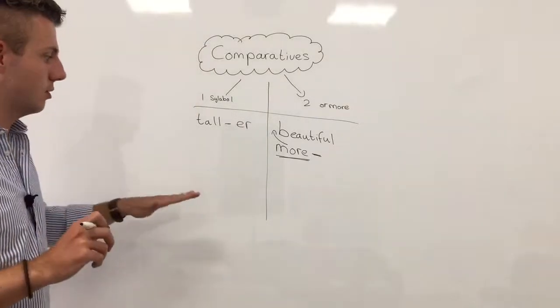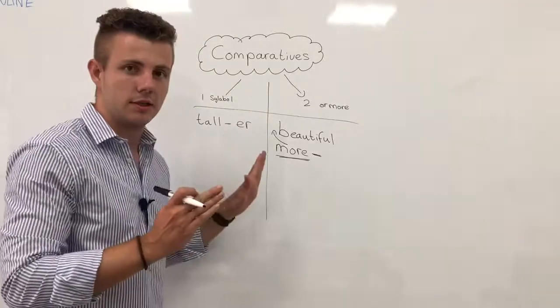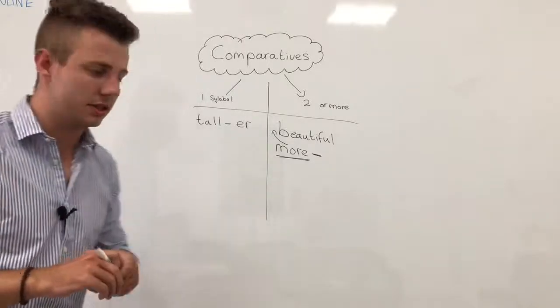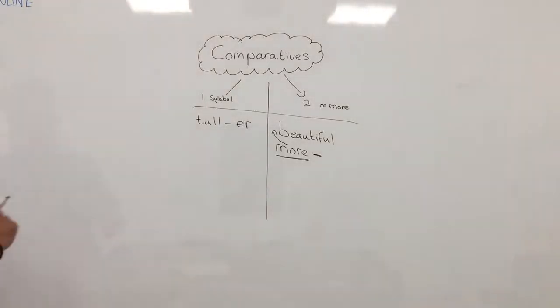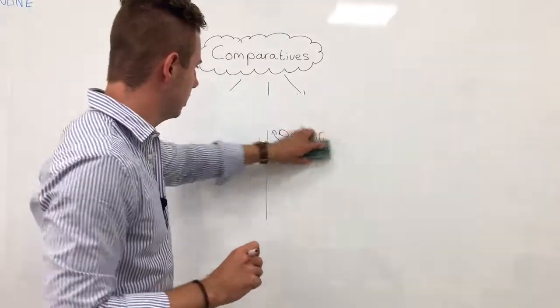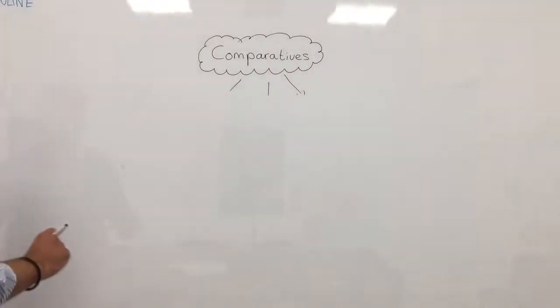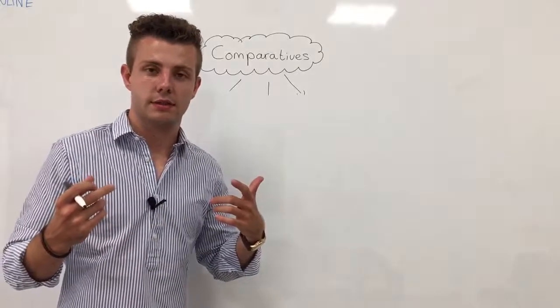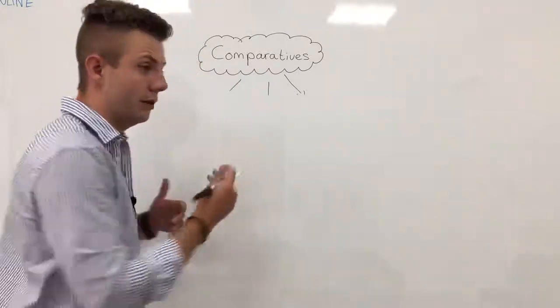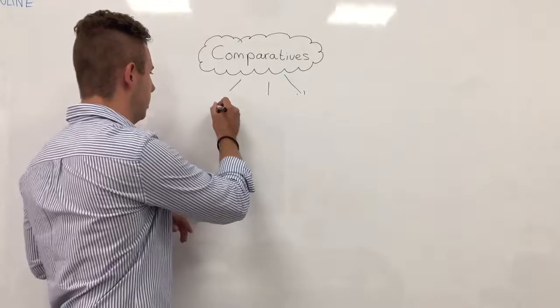Okay, so that's the comparatives and that's how you'd add them. Now let's see what they're like in the sentences. Let's see if I've got a board rubber here. So we'll be comparing two things, let's say, Oliver and Karen, for example.